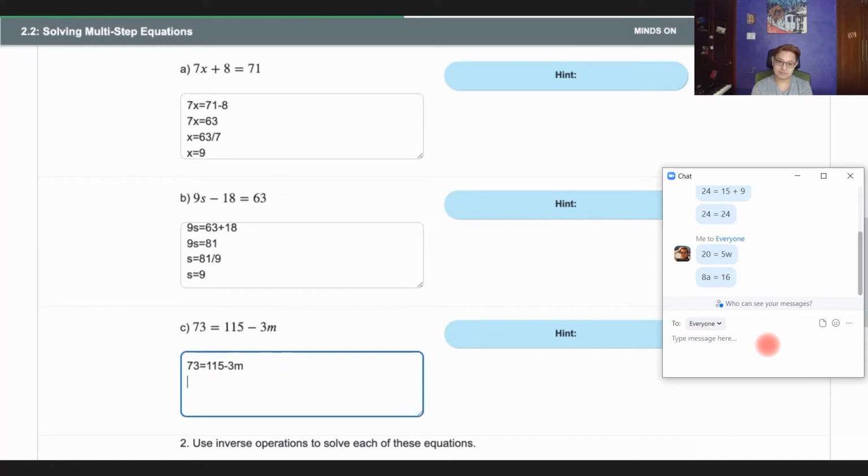I think you bring the 105 to the left side. Up to you. It's up to you.